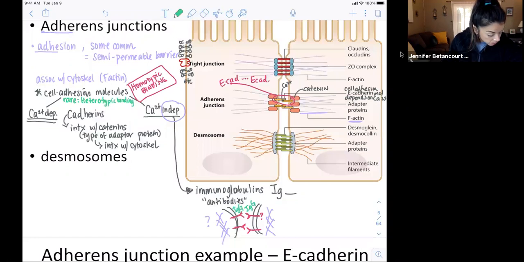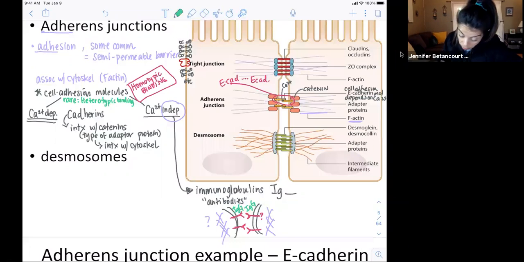Okay, great. That covers the adherens junctions. And the desmosomes, you can see, are very, very similar. How are they different though? If we look at the desmosomes, we still see those transmembrane types of proteins, and they still use adapter proteins.